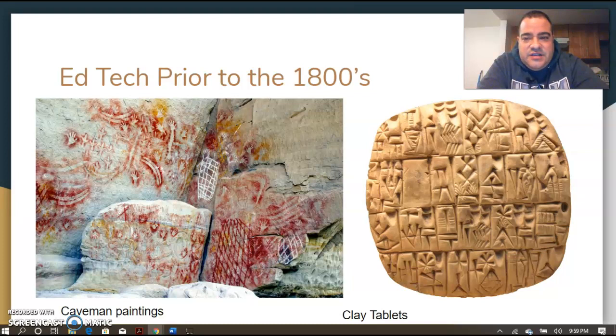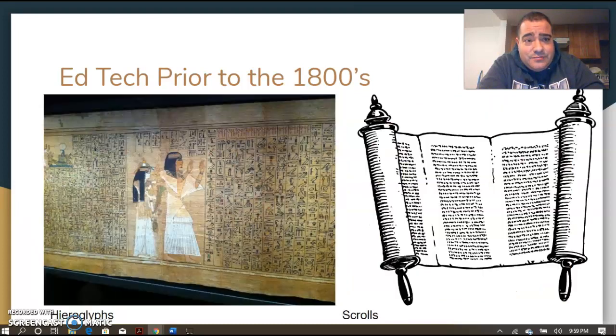This is probably one of the earliest forms of educational technology that we can talk about, as well as cuneiform tablets, clay tablets, where people can transcribe information, stories, histories, key information that they can then impart and share with others. So these are all forms of educational technology.